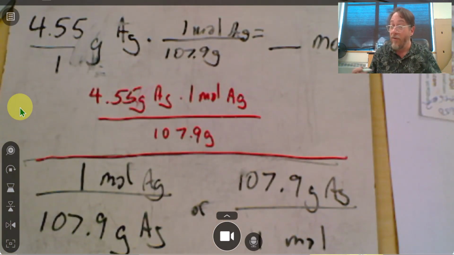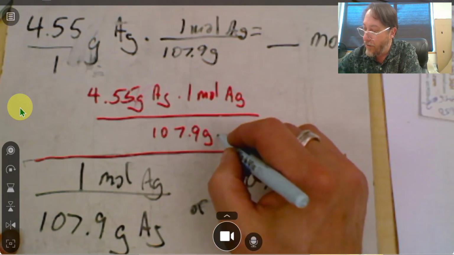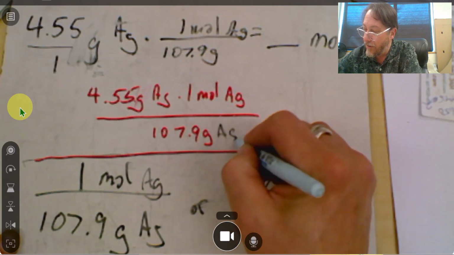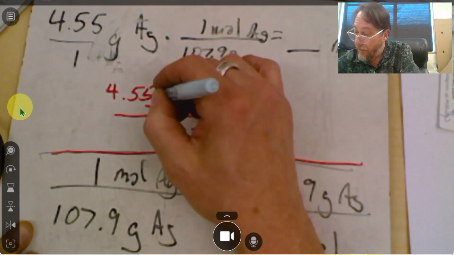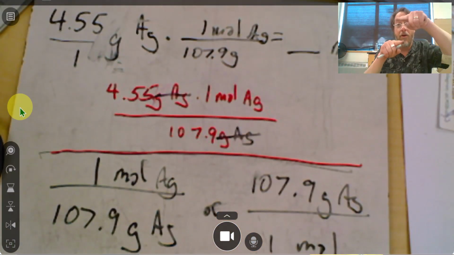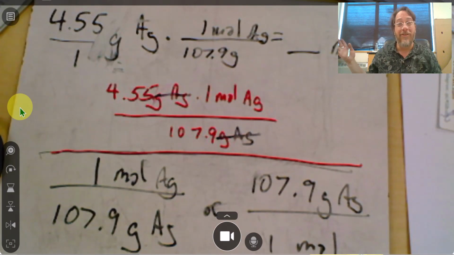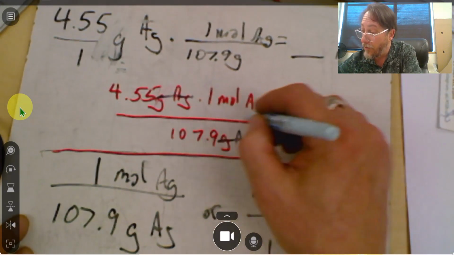So that's the long fraction we get once we combine these two expressions. Then we cancel out the like terms, which in this case is grams of silver. Grams of silver and grams of silver are both in this fraction, which means that over each other they equal 1. And so we can eliminate them, and that just leaves us with what we want, which is moles of silver.